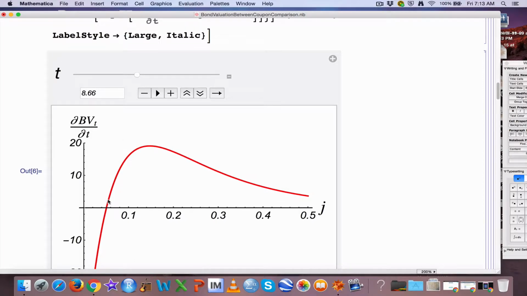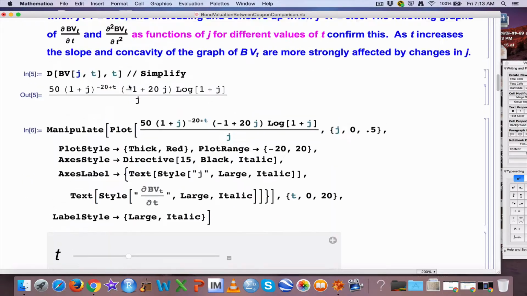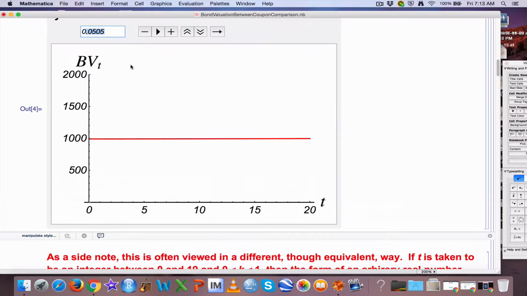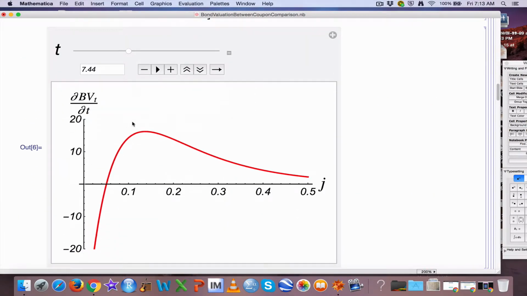So that's telling you, and I hope it didn't change it. It looked like maybe it changed a little bit there, but I'm going to assume it's staying constant with an intercept at 0.05 for j. And what that's telling you is as t changes, as you move to the right on this graph, the slope stays at 0. Because the intercept here for this derivative, the slope of the BV graph at j equals 0.05, is 0.